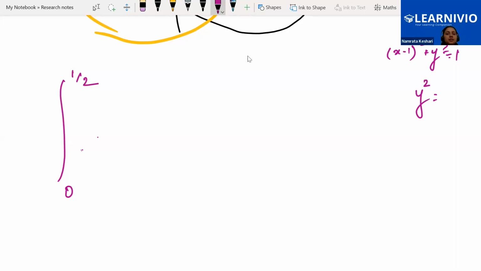We can shift to the other side. 1 is already there.